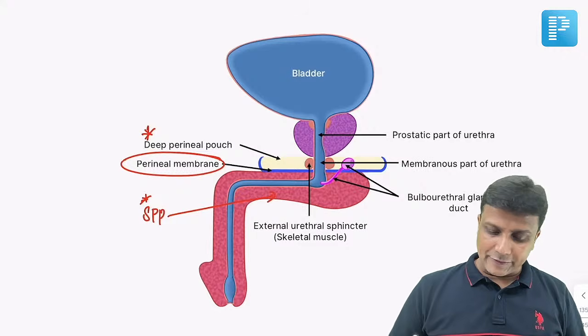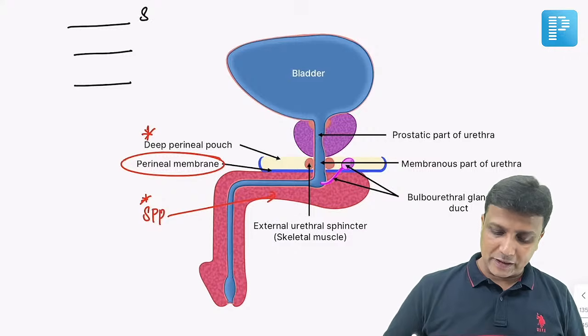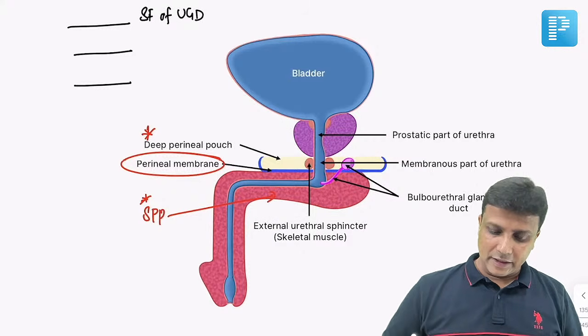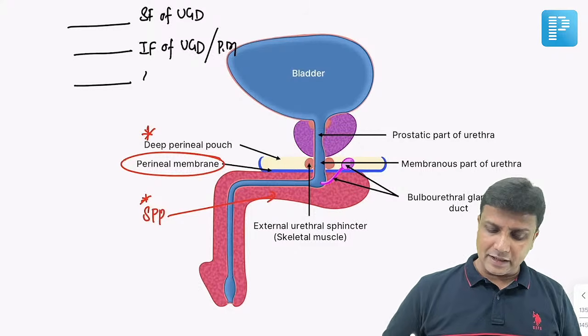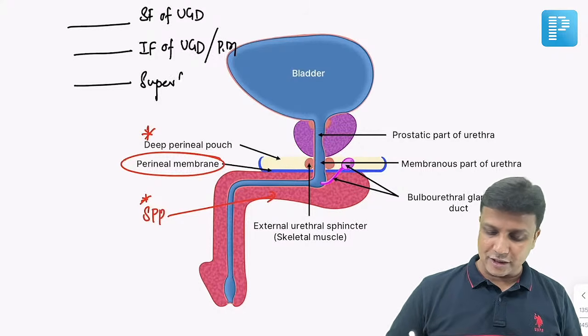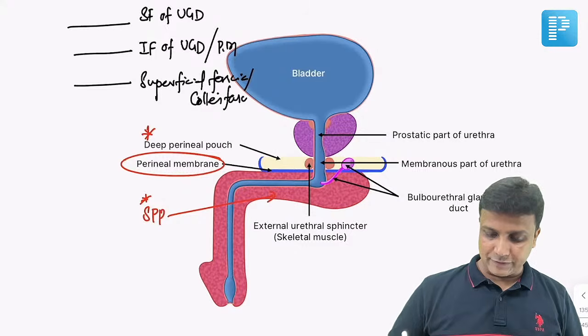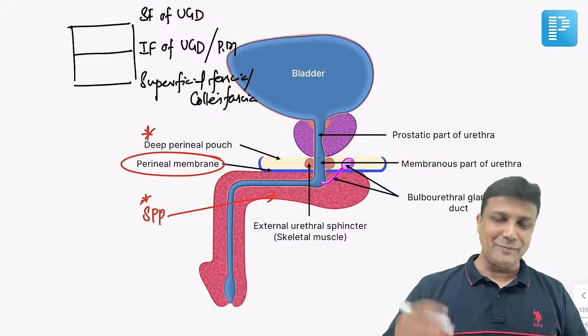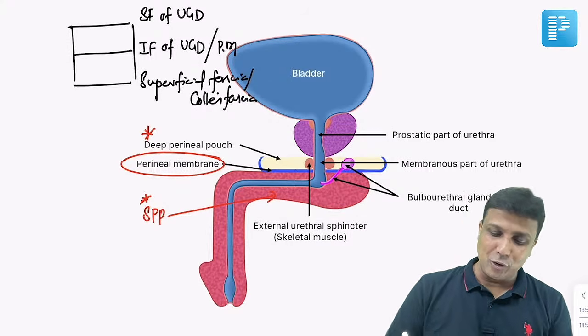In the classes I told you very clearly with the help of three fascia here, sir, remember it like this. One will be the superior fascia of the urogenital diaphragm. Inferior fascia of the urogenital diaphragm, which is also referred to as the perineal membrane. And then here there will be the superficial fascia, which we call Colles fascia, superficial fascia and Colles fascia. If there are three fascia here, between them there will be two pouches.